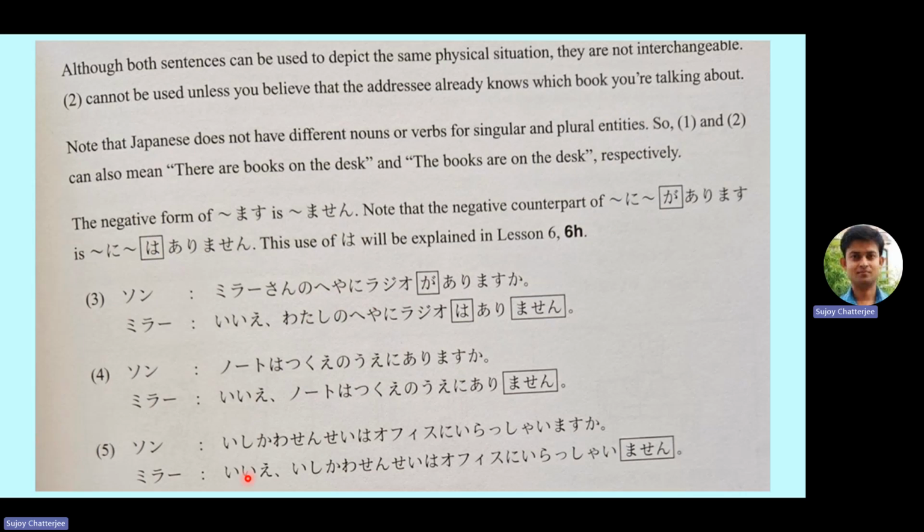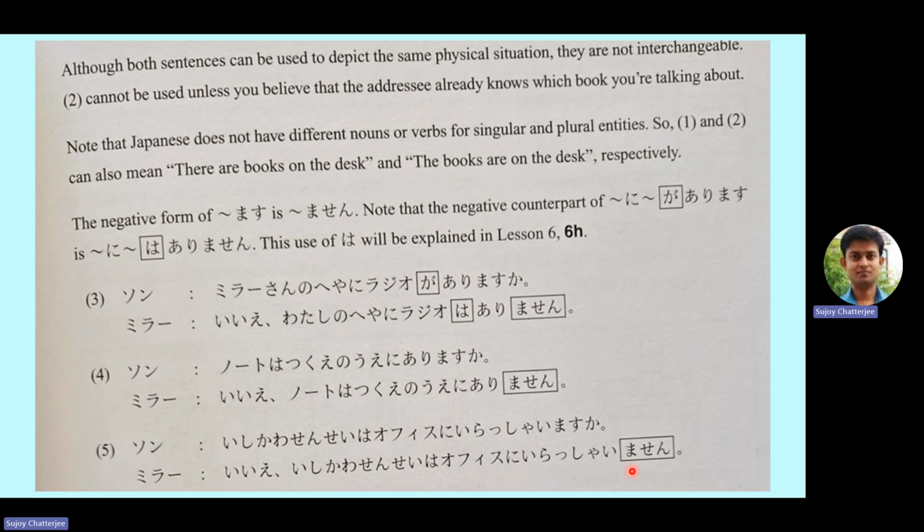Another one. Son-san says, Ishikawa sensei wa ofiso ni irasshaimasu ka? That means, is Ishikawa sensei in the office? Since they are talking about their sensei, in place of imasu they have written irasshaimasu. Ie, Ishikawa sensei wa ofiso ni irasshaimasen.